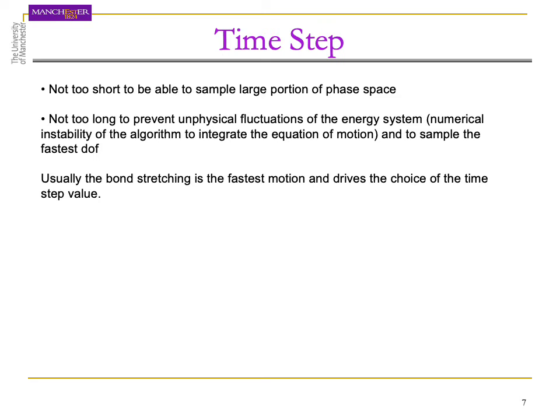However, we cannot take a time step which is too large, because otherwise we will obtain unphysical fluctuation in the energy of the system, and we are not going to correctly sample the fastest degrees of freedom.